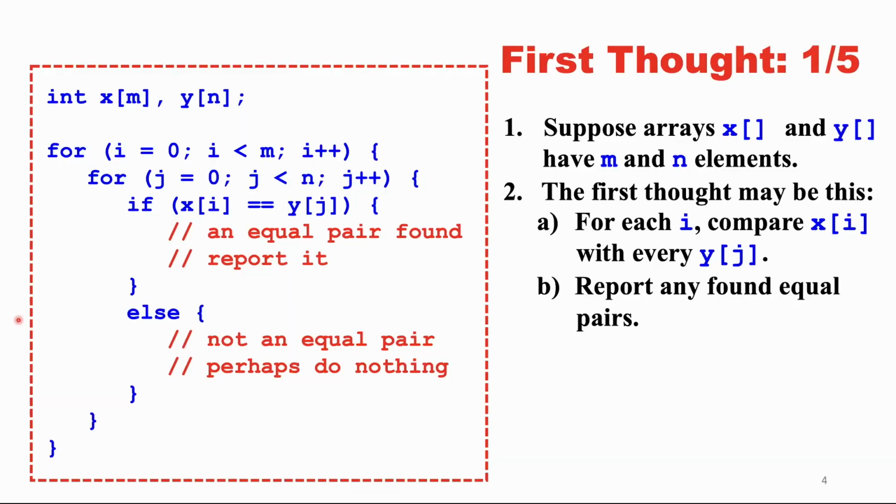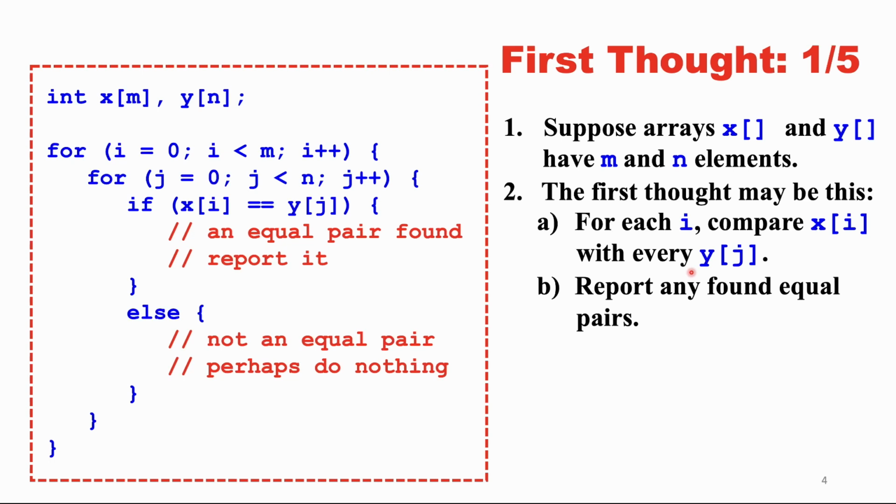So right after you learn the problem, a very immediate thought for beginners would be something like this. Let's assume that array x has m elements, y has n elements. Therefore, for each i, we have an xi. Let's compare xi against every element yj in y.